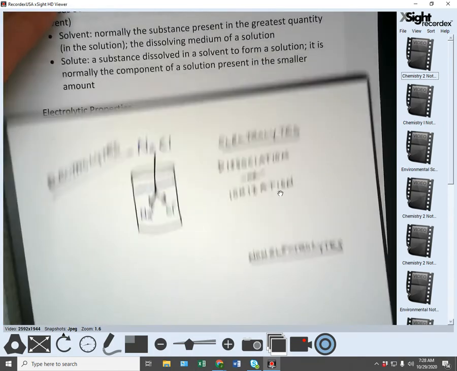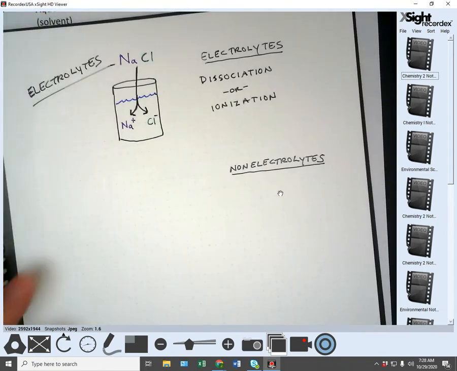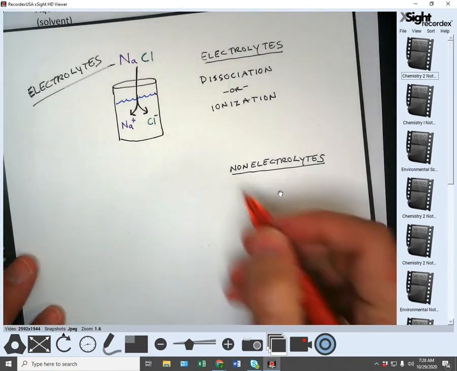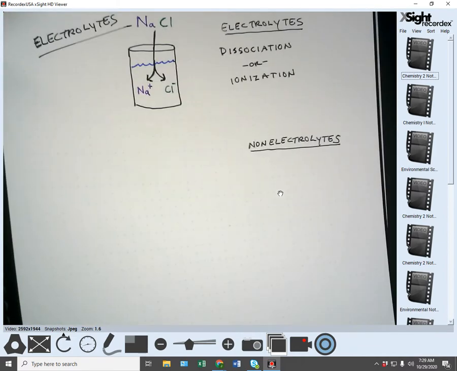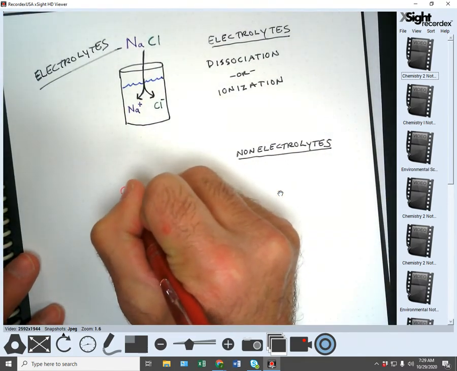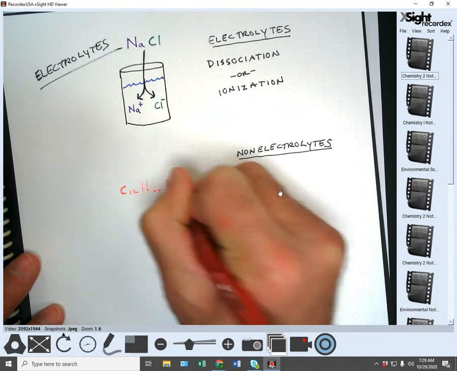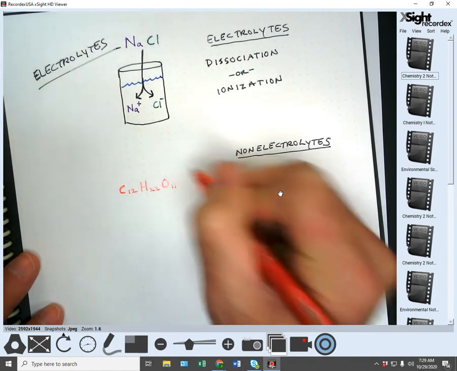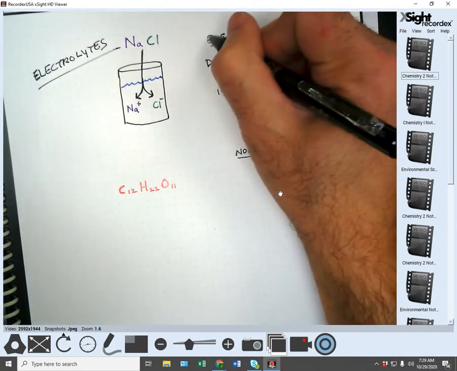So sugar, C12H22O11, is like table sugar. Typically your electrolytes are ionic compounds.